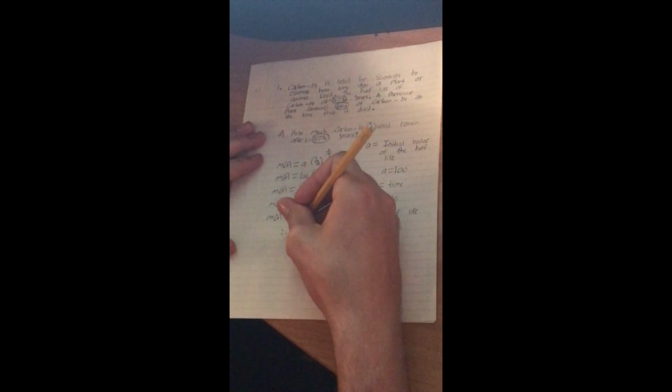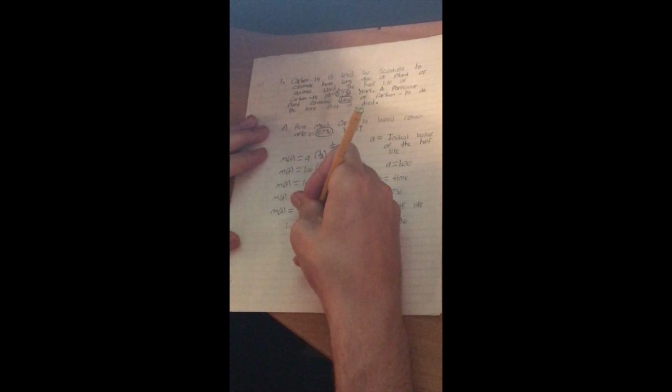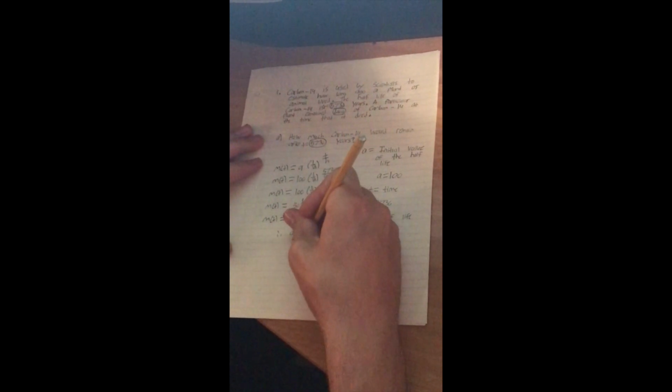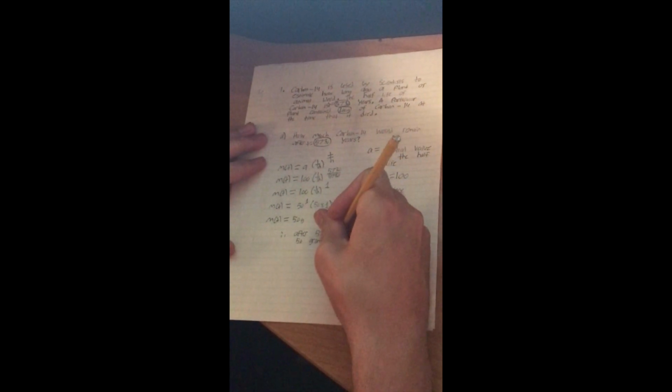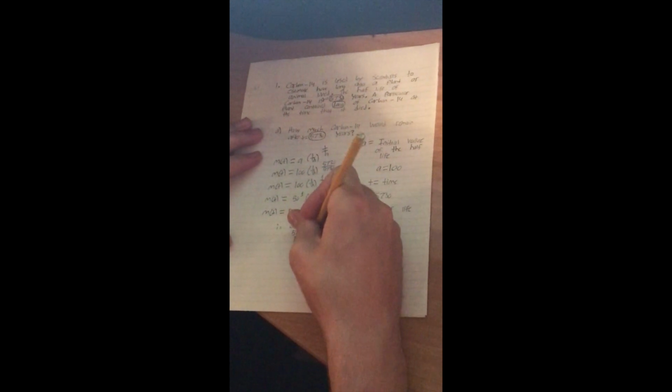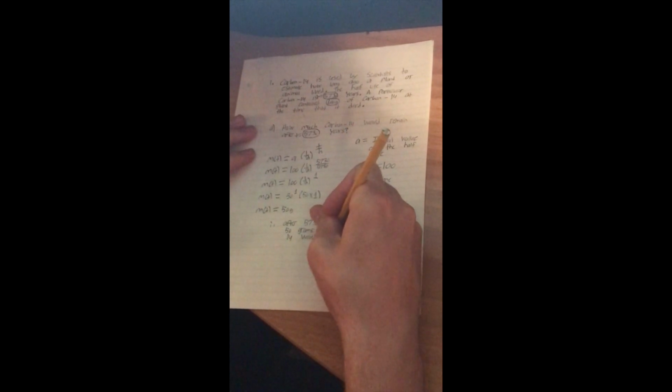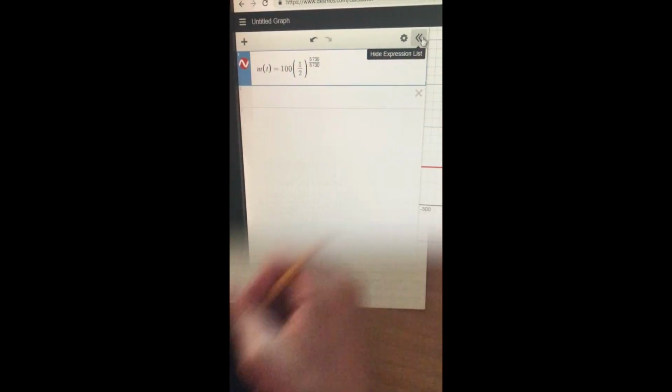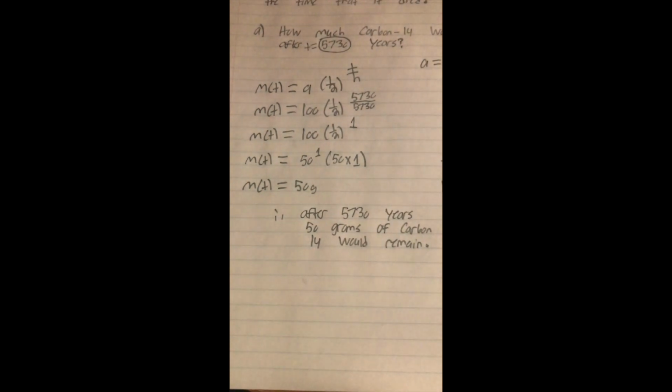So therefore, after 5,730 years, 50 grams of carbon-14 would remain. When I plug the equation into Desmos, I get a straight line at y equals 50, proving my answer of m of t to be 50 to be correct.